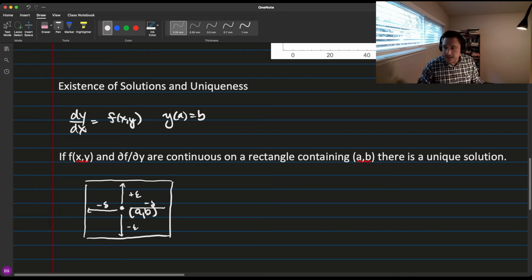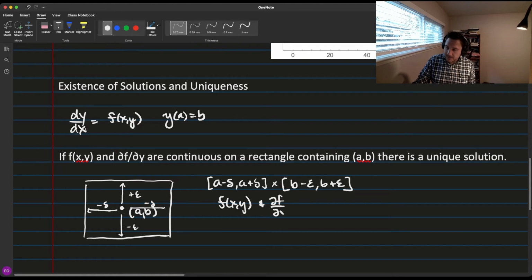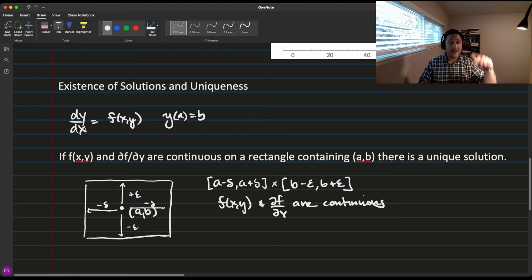So this is some rectangle which has x values a minus delta to a plus delta, cross b minus epsilon to b plus epsilon. Let's say that in that box, f(x,y), your derivative, and the partial of your derivative with respect to y are continuous. If in that box those two are continuous, then you have a unique solution.